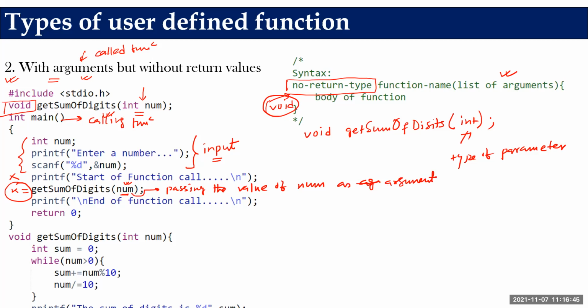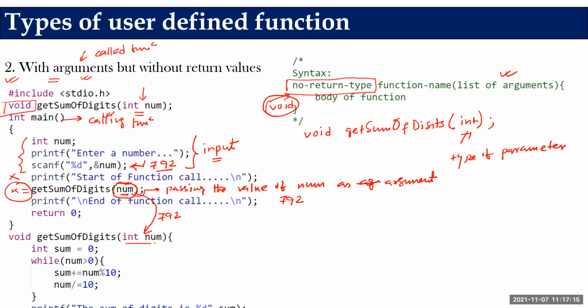Let's assume that we have given an input to num through this scanf function, 792. So what are we actually passing? We are passing 792. When the function call gets executed, it will jump to the body of the function along with the value 792, and it will be assigned to the parameter of the function.